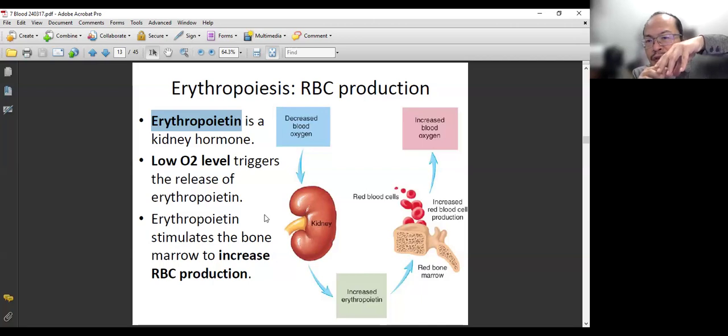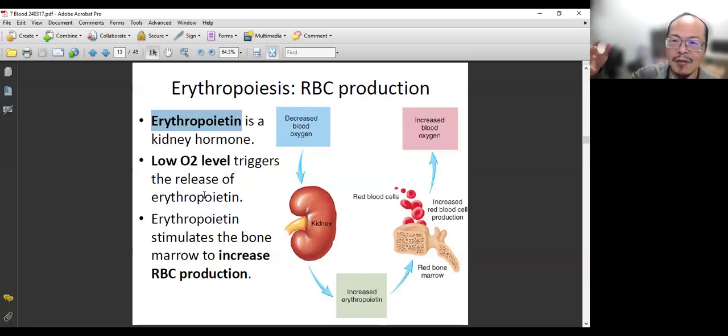If your blood pressure is low, it senses it. If your blood volume is low, it senses it. That's why it's involved in the cardiovascular system and in red blood cell production. So the kidney produces it.